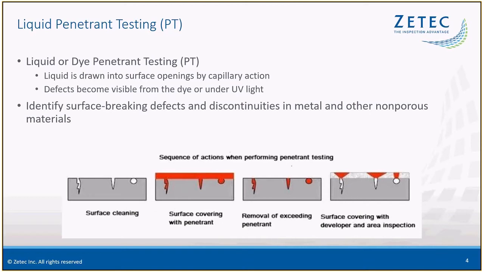Because it's using capillary action, it's just for surface breaking defects or discontinuities. You can do this in metal or other non-porous materials. It's a multi-step process: you clean or prep the surface, then cover that surface with the penetrant. Then you wipe off or remove any excess penetrant, and use a developer to draw that penetrant out so that the discontinuities are more visible.